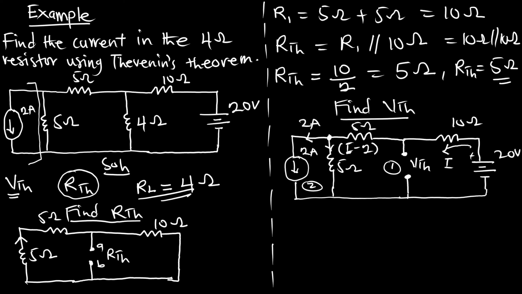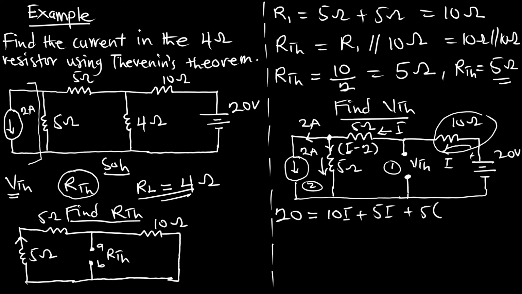So we can find the I by considering this loop 1. Now we can see that the voltage source, which is 20, should be equal to the voltage drop across this 10 ohm, which is 10 times the current I, plus the voltage drop across the 5. And we know that at this 5, the current is still I, so that will be 5I, plus the voltage drop across the second 5, which is 5 multiplying current I minus 2.